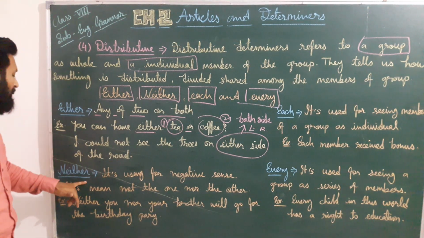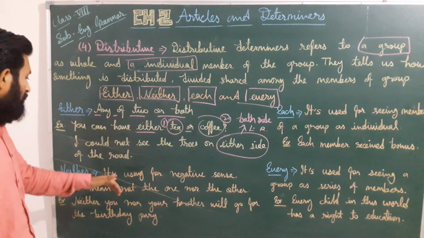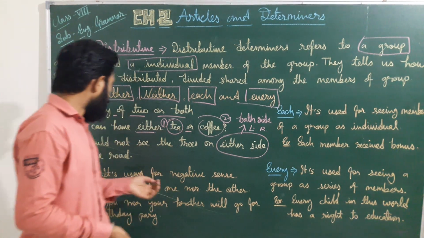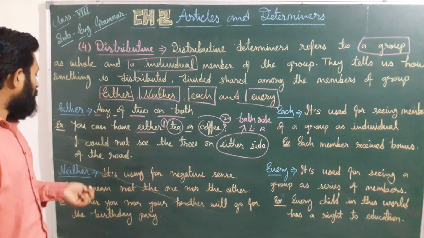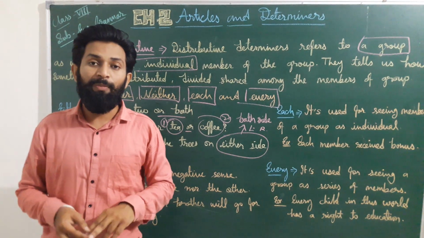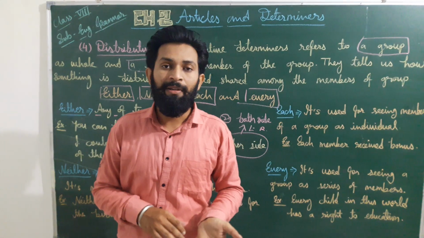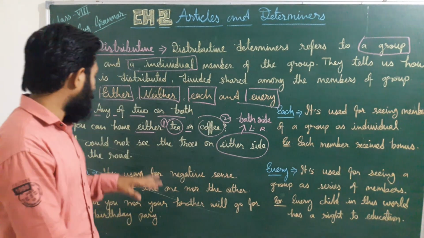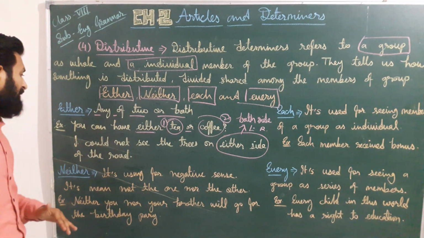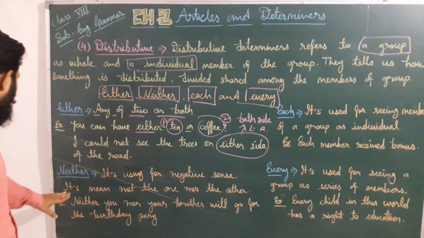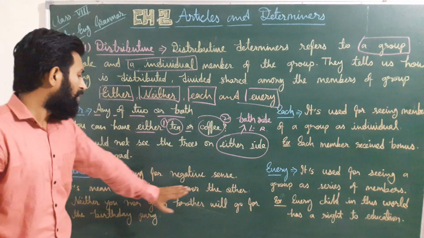Dear students, the next one is neither. It is used in a negative sense. In this case also you have choices, but you do not choose any one of them. Neither you nor your brother will go for the party. It creates a totally negative sense, but either creates a positive sense. It means not the one nor the other.